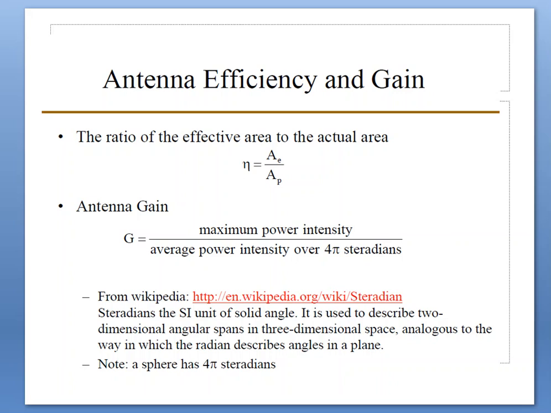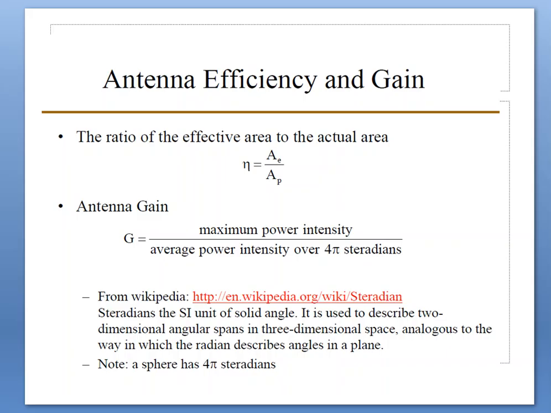An antenna's effective area AE and physical area AP are related by the efficiency parameter eta, that is equal to AE by AP. This accounts for the fact that the total incident power is not extracted. It is the loss or variation mechanism.